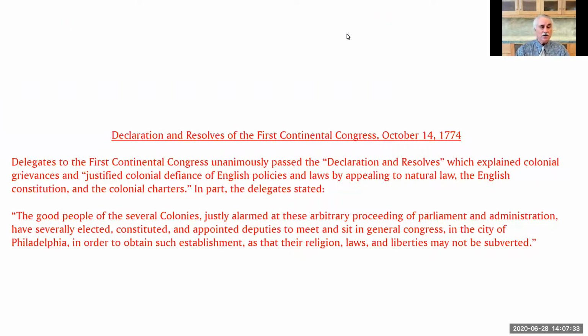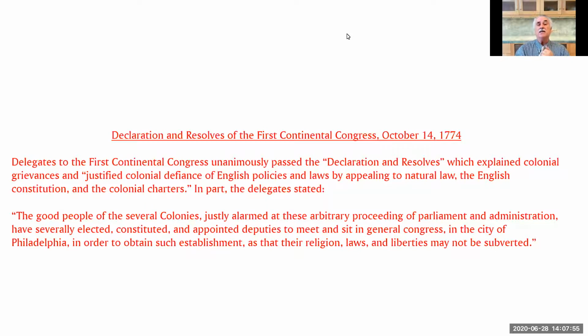Delegates to the First Continental Congress unanimously passed the Declaration and Resolves, which explained colonial grievances and justified colonial defiance of English policies and laws by appealing to natural law, the English Constitution, and the colonial charters.